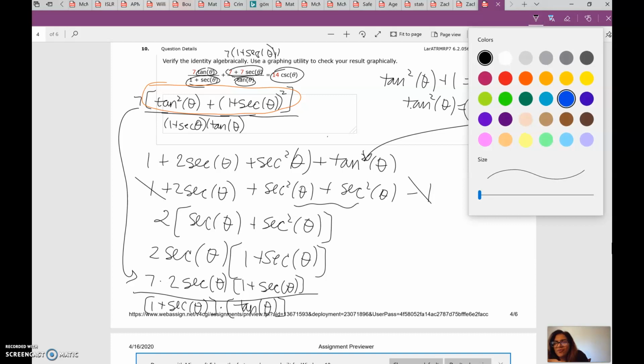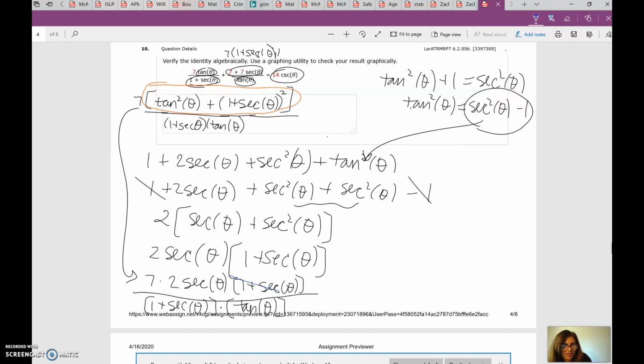And now we are seeing some progress. Those divide out to the number 1, and we're going to get 14 times the secant of theta, which I'm going to write as 1 over cosine. And with the tangent of theta being in the denominator, that's the same thing as the cotangent, which is cosine of theta over sine of theta.